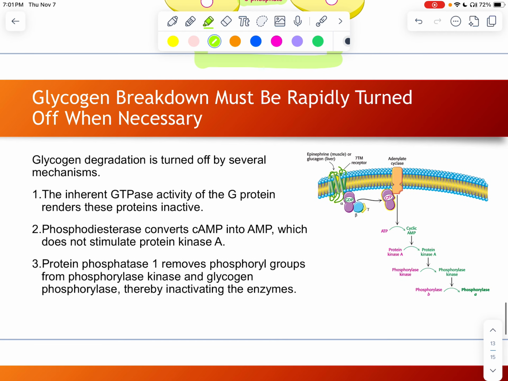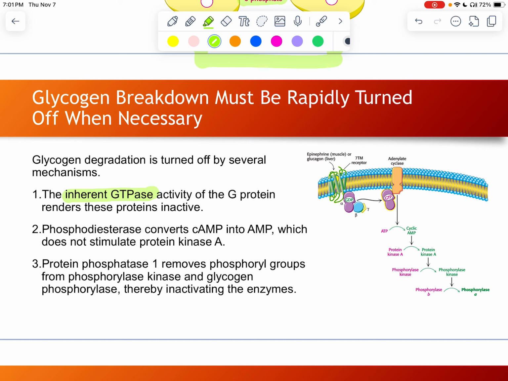We need to stop glycogen breakdown. We need ways to stop that, right? And so there are several mechanisms for turning off this glycogen degradation. First one, we've already seen: the inherent GTPase activity of that G protein, right?